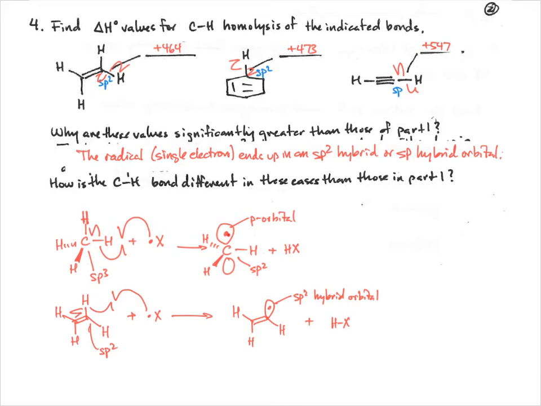I can't really depict that with a drawing, and it may look like it's only localized in the top one, but it's not. It's spread out amongst both of those lobes of the p orbital. Are we clear on this?